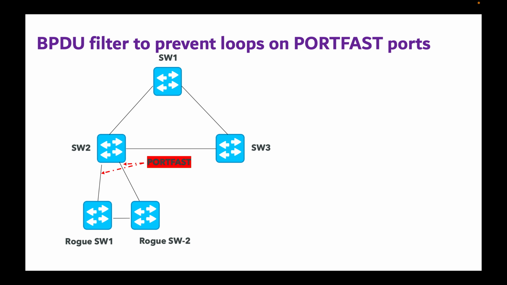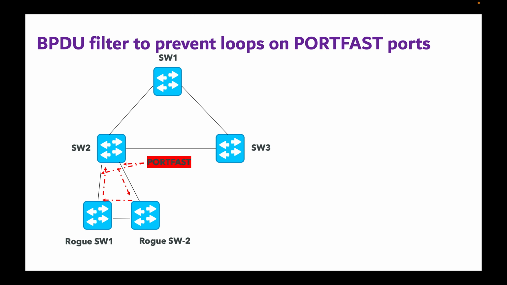And you could risk a loop by connecting those switches. If you see the switch, two ports use PortFast, but the endpoints were replaced with two rogue switches. And if you don't have BPDU filter, it will create a loop, right?